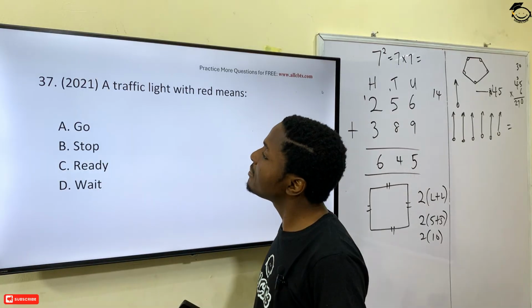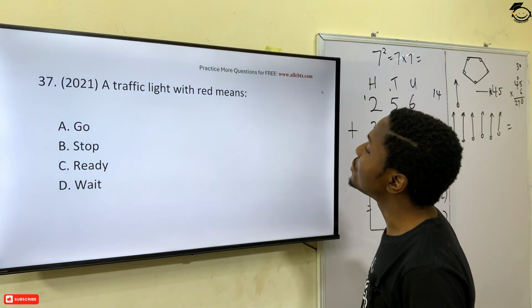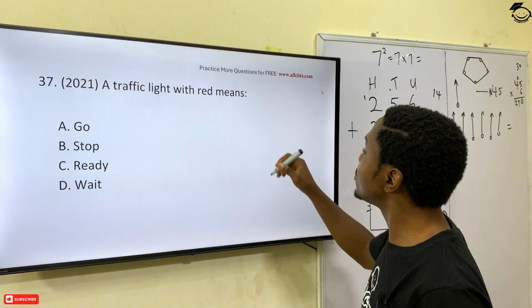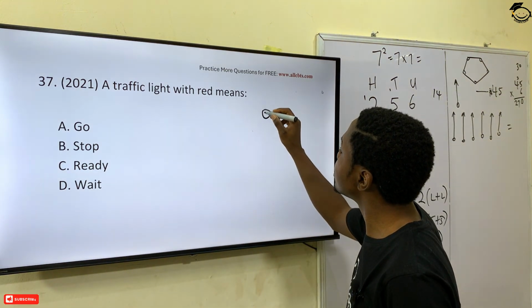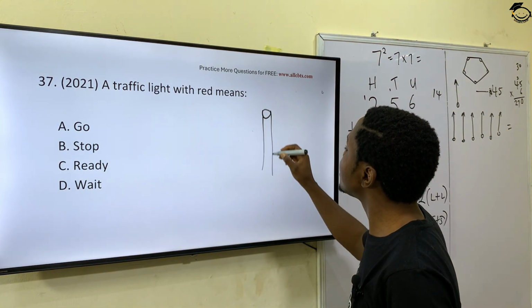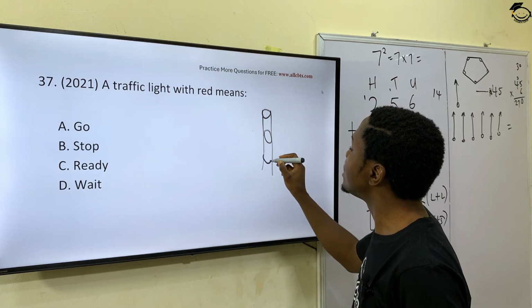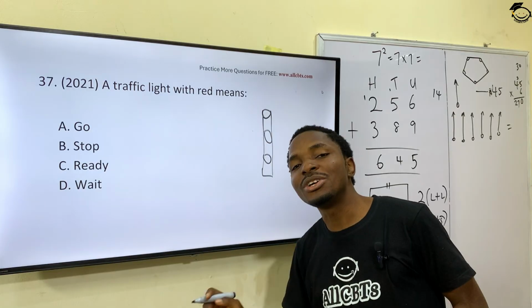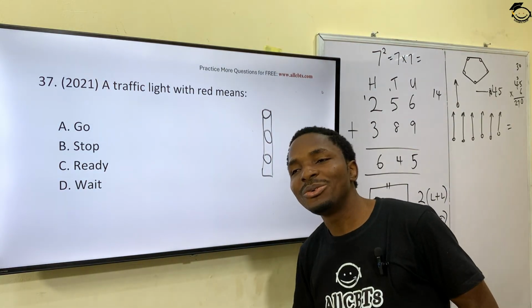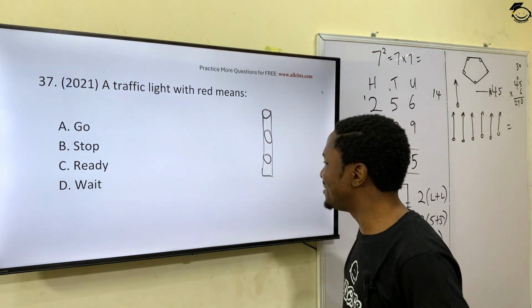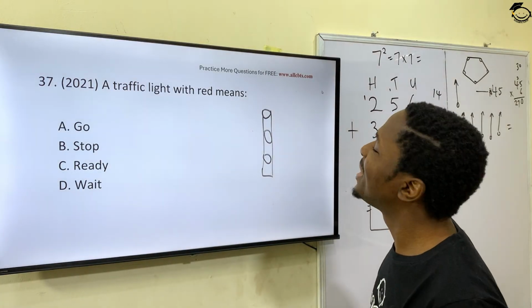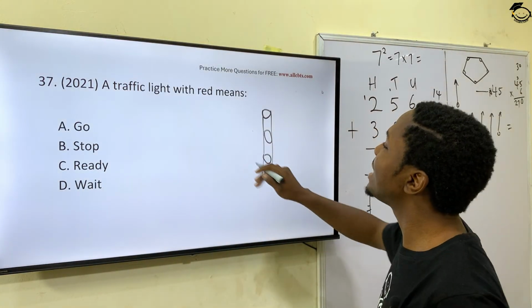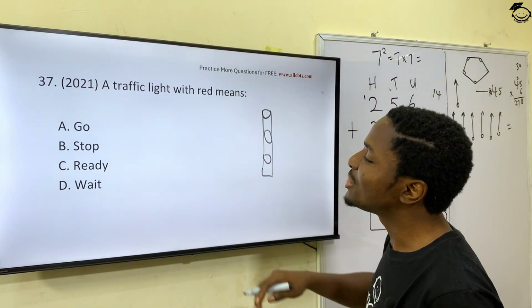And then 37. A traffic light with red means what? You must have seen those traffic lights at intersections. Yellow means ready, green means go, red means stop. So a traffic light with red means what?